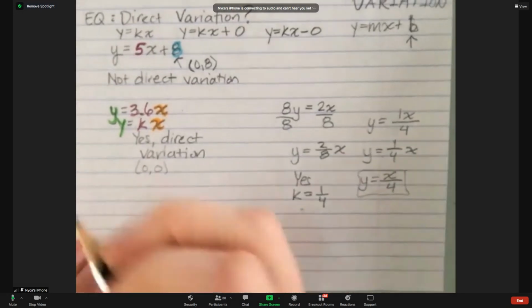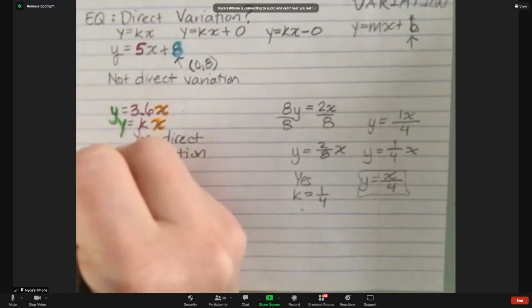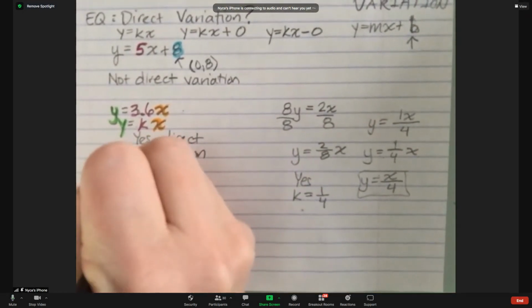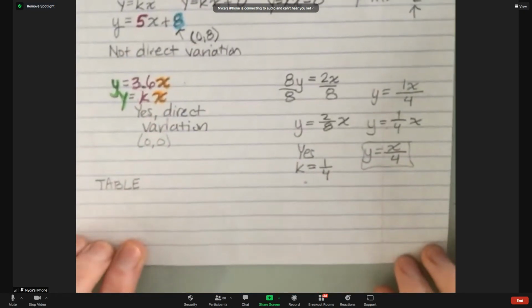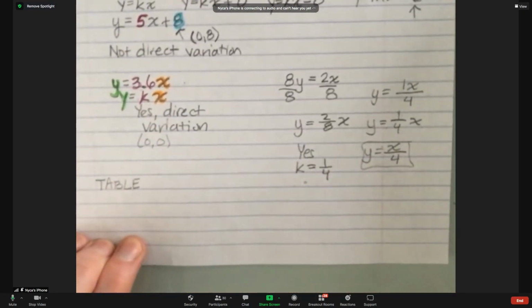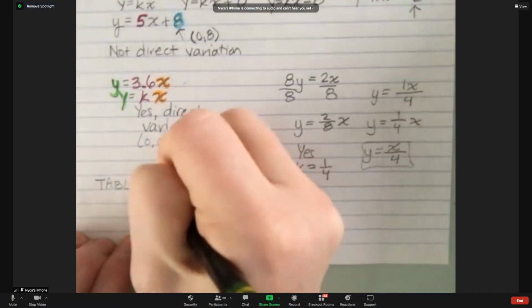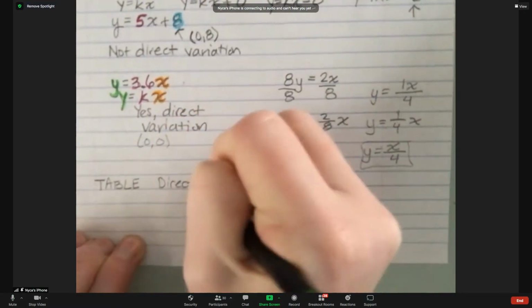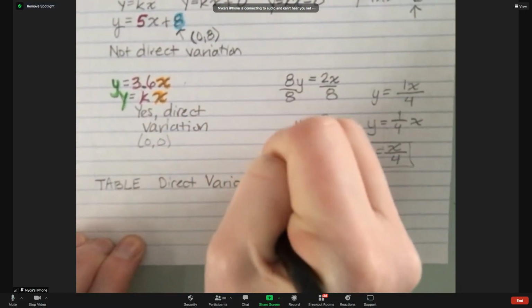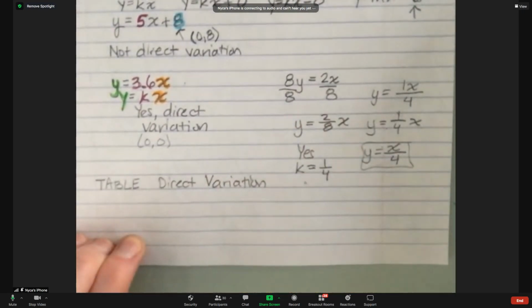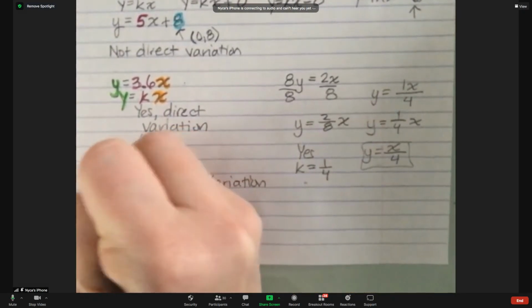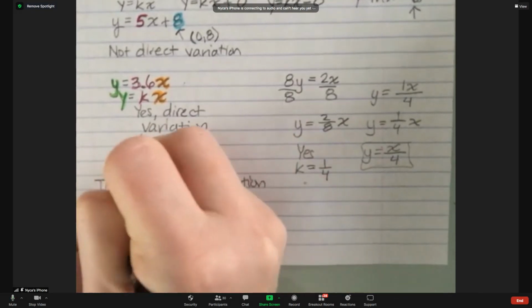If you were given a table and you were asked, is it in direct variation? I do not mind if you do this to kind of shorten it.